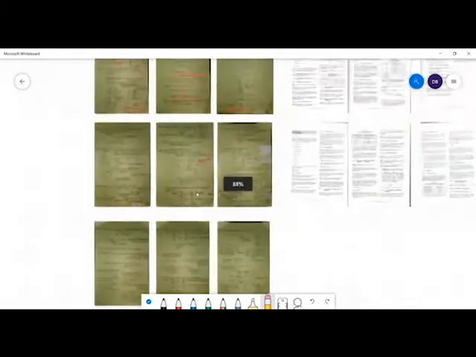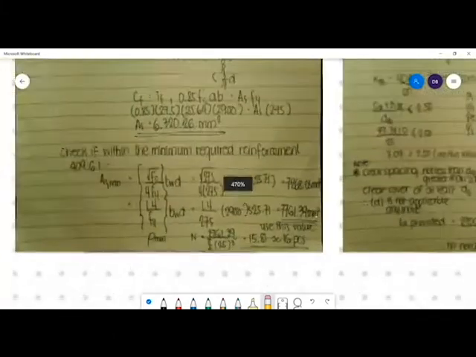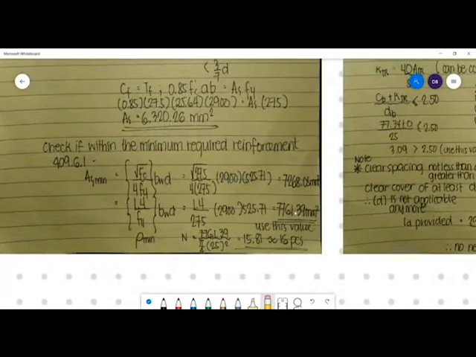Okay, so let's go back to the problem. AS minimum is equal to square root of f prime of c over 4fy. So, pareho lang yan dun sa pinakita kong code. The one that I allowed you to have a photocopy is the second print, second version of the printed NSCP 2015, the one I'm owning right now.